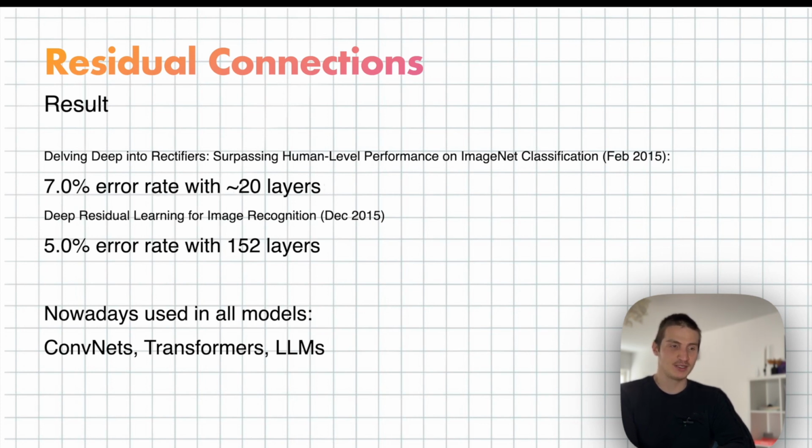And they reported that adding more layers on top of that is not really useful. It degrades the model. And then the same group of authors came up with the idea of residuals. And in December, same year, they managed to train a model with 152 layers and achieve much better error rate. So this basically speaks for itself.